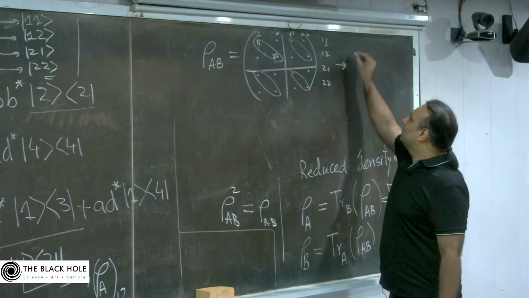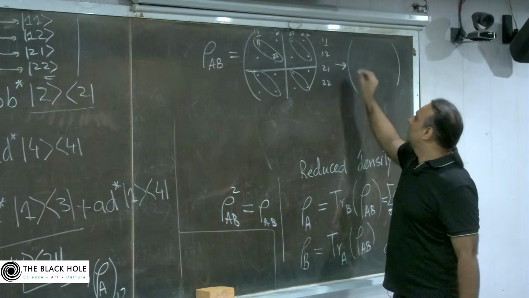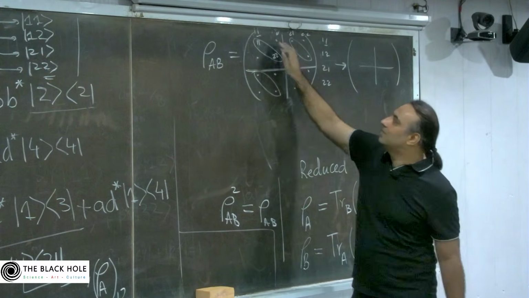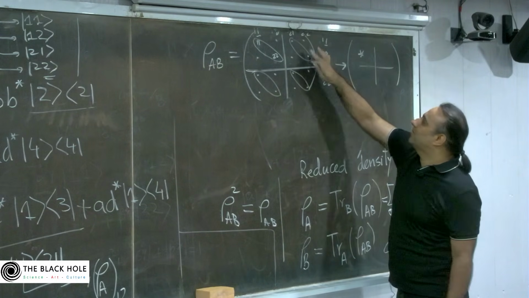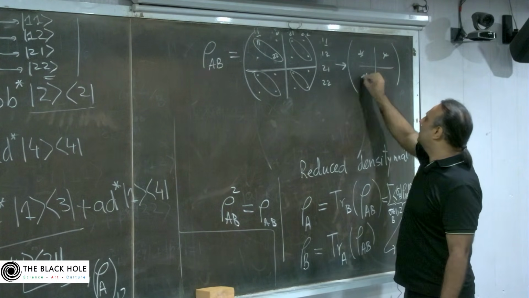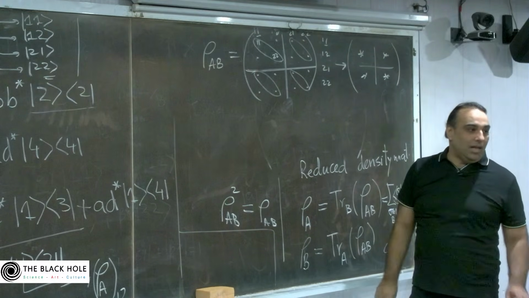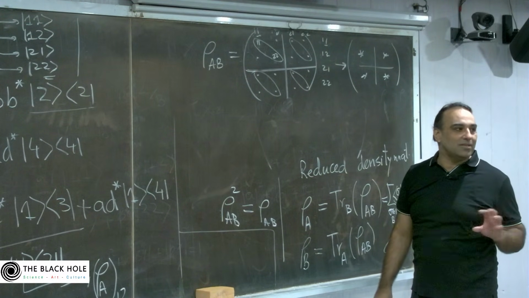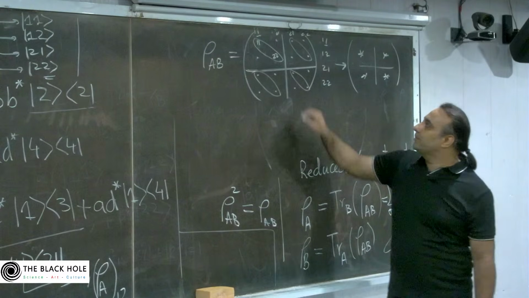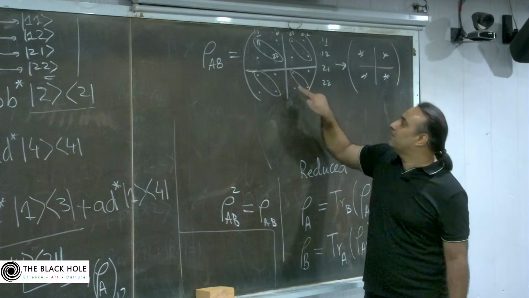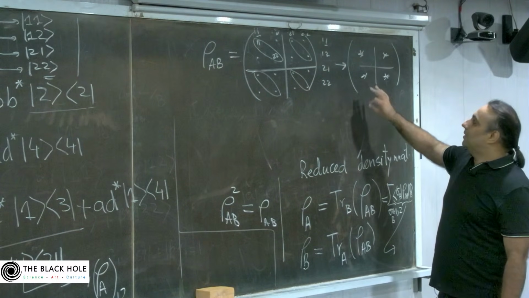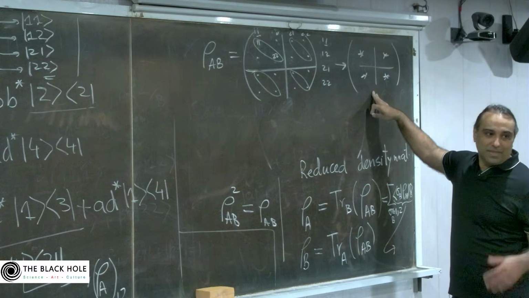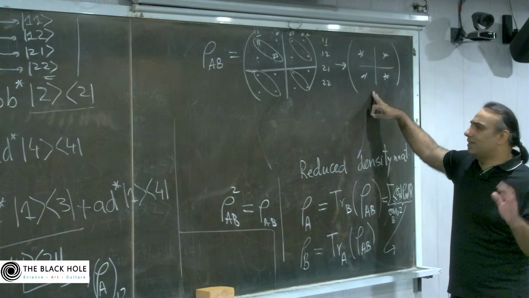That means what you do is, you get 4 numbers out of these. So you sum them up, you get 1 number, you sum these up, you get another number, then another, then another. And doing this, you are discarding some information, and that information is over here in these matrix elements. So we are discarding that, but we still have enough information that would tell us the correlation between A and B and so on.